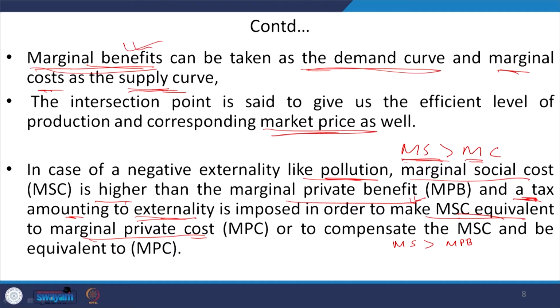So, in order to make these two equivalent, we need to add the tax. This tax plus the marginal private benefit should equal the marginal social cost. That is how we can compensate for the externality.